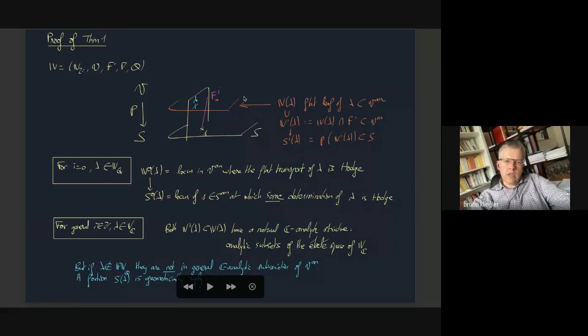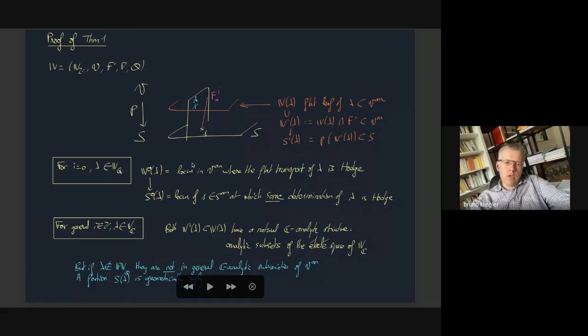This is the intersection of my flat leaf with the Hodge subbundle of degree i. And all this V_i(lambda) will project onto something that I call S_i(lambda), which is just its projection inside S.